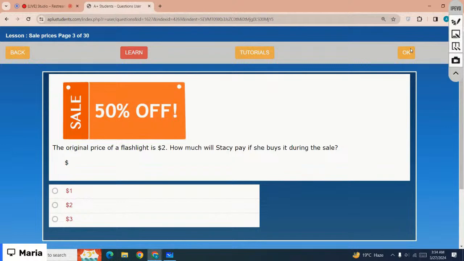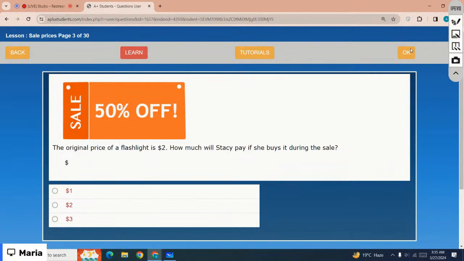So which is the correct option? 50% off means exactly half price, right?